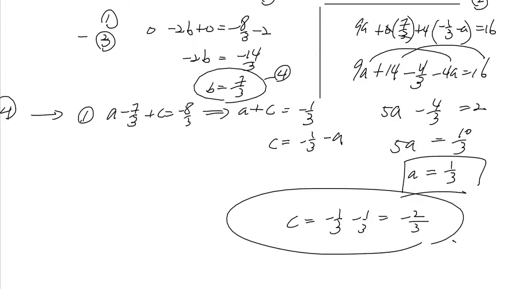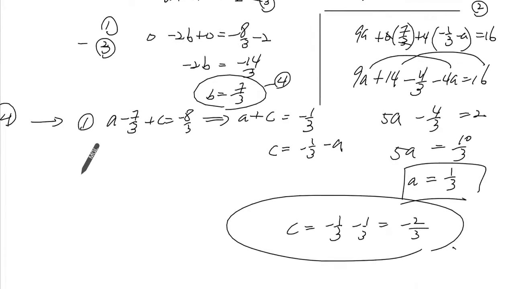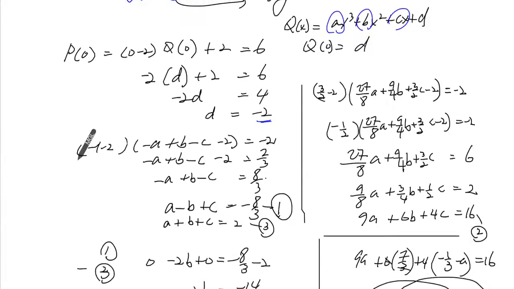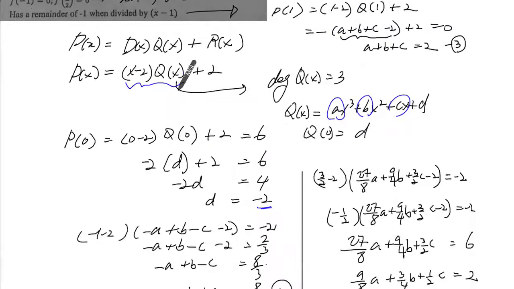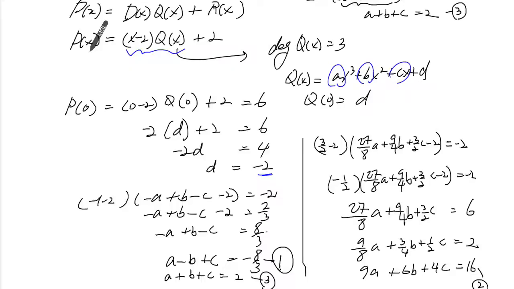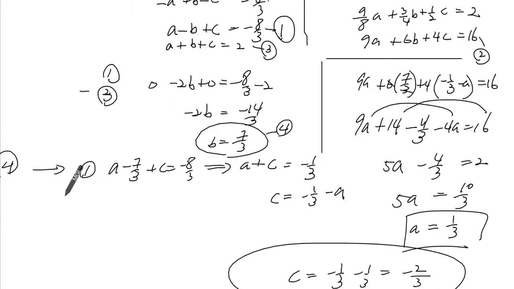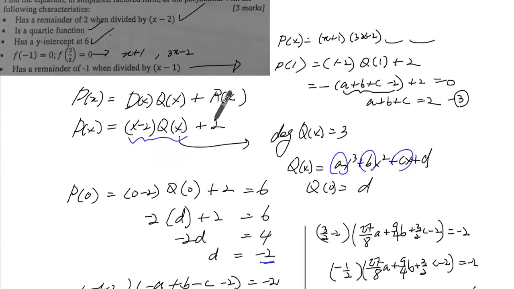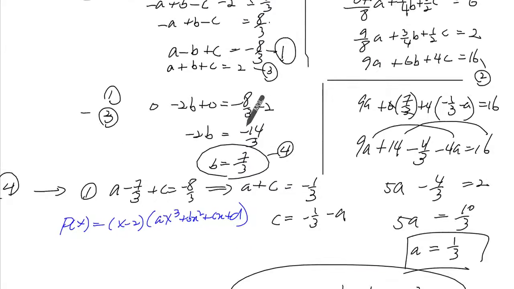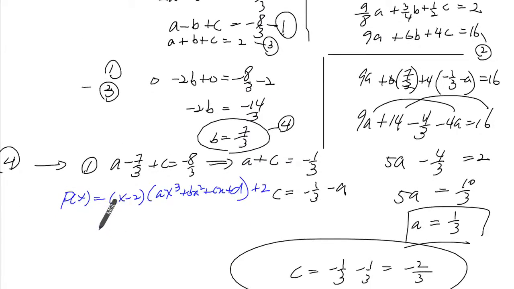So after all of that, remember, our polynomial was ax cubed plus bx squared plus cx plus d, our general cubic polynomial, and the remainder was positive 2. So our answer is x minus 2.